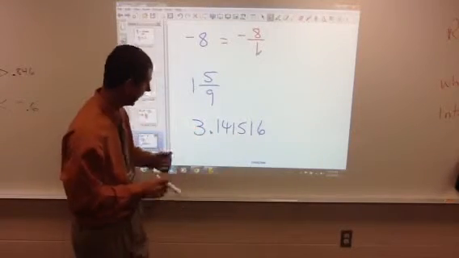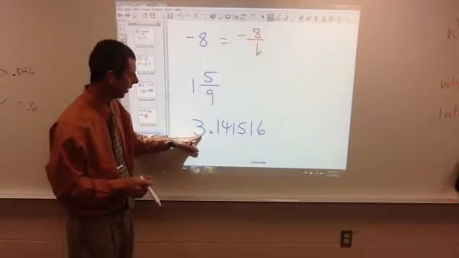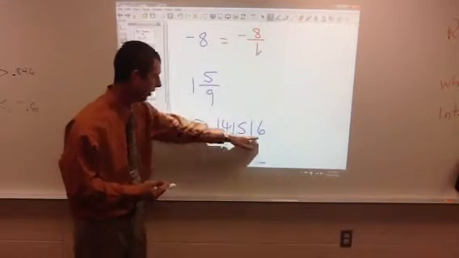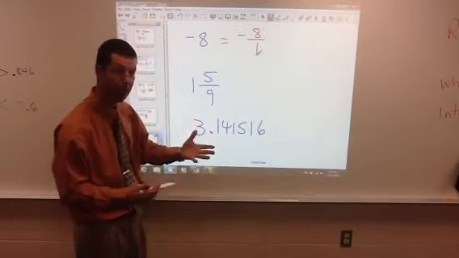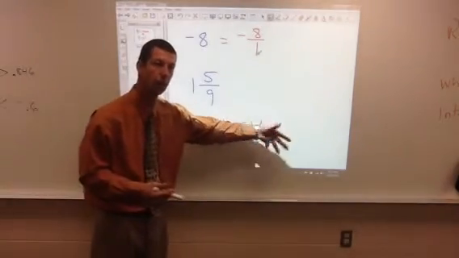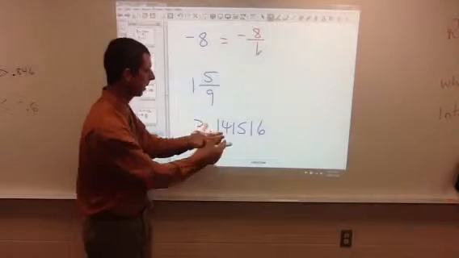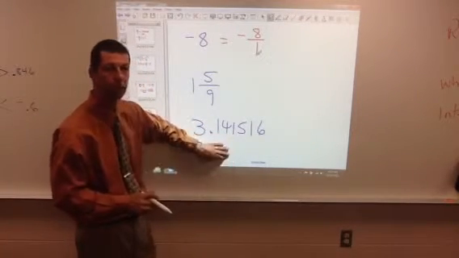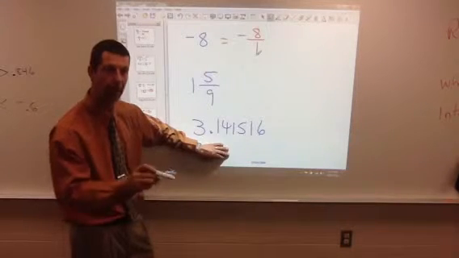How about this case here? Now we have something that does not repeat, does not terminate. It looks like it's going to continue to go in a little pattern here: 3.14, 15, 16, probably 17, 18. We can estimate or figure out the pattern. But this is an example of what is called an irrational number.